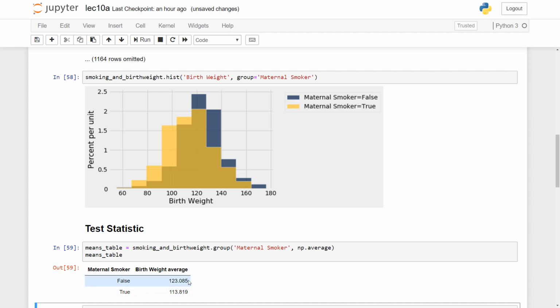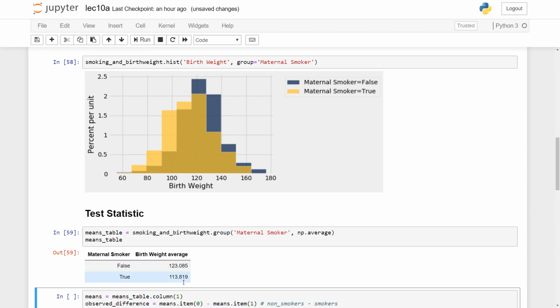This is in pounds. For non-smoking mothers, it is 123. For smoking mothers, it is 130. So there is a noticeable difference in the weight of the babies from the sample that we got, of course.